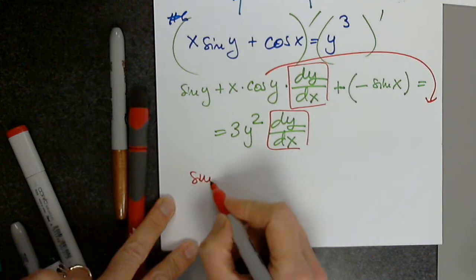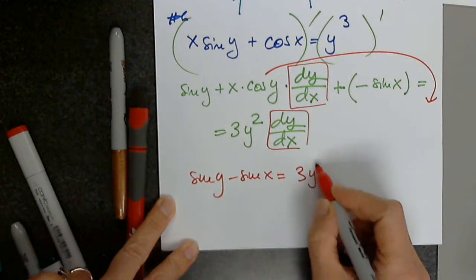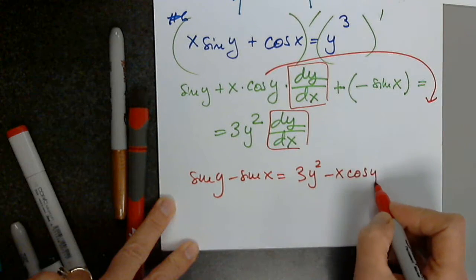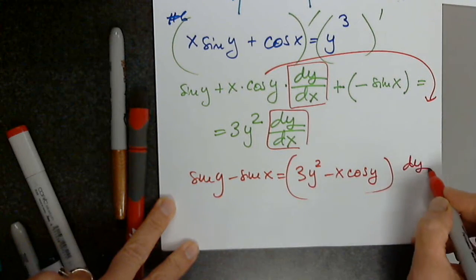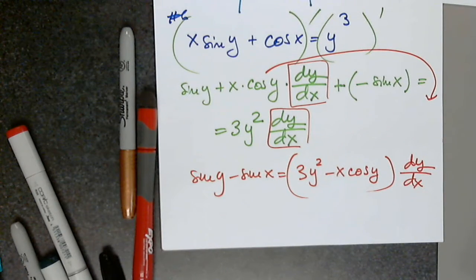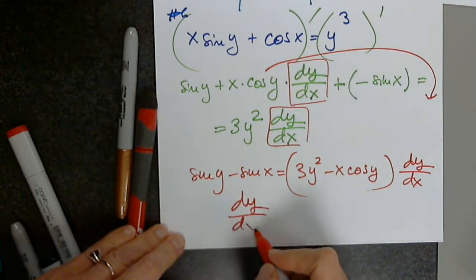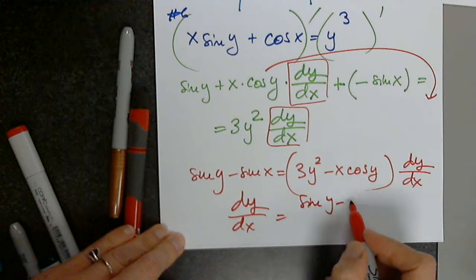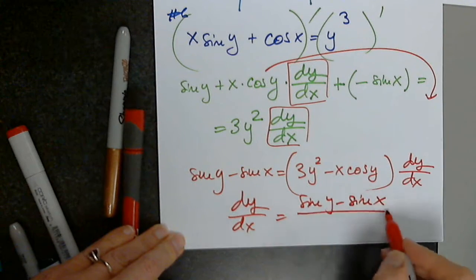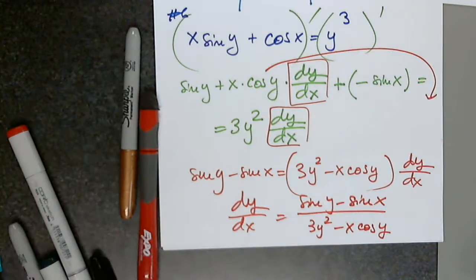So I have sine y minus sine x equals 3y squared minus x cosine y, and I factor out dy over dx. Is this okay? And finally, dy over dx is this over this: sine y minus sine x over 3y squared minus x cosine y.